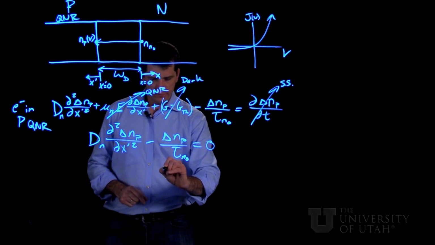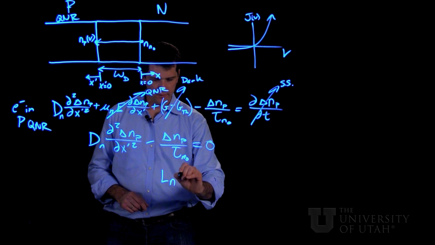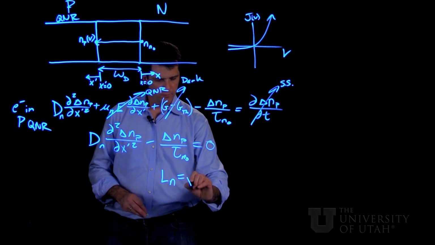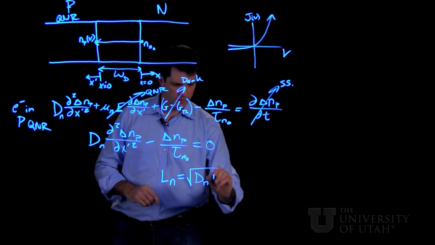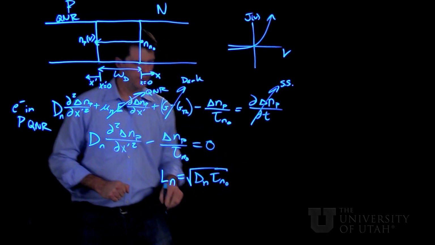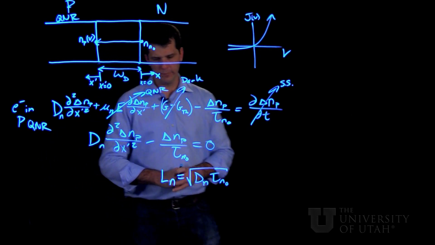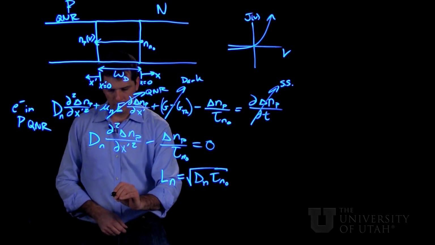So what we're going to define is a characteristic length scale. We're going to define the minority carrier diffusion length equal to the square root of the diffusion constant times tau, the minority carrier lifetime of electrons in the p-type side. And this allows us to write the solutions to this equation.